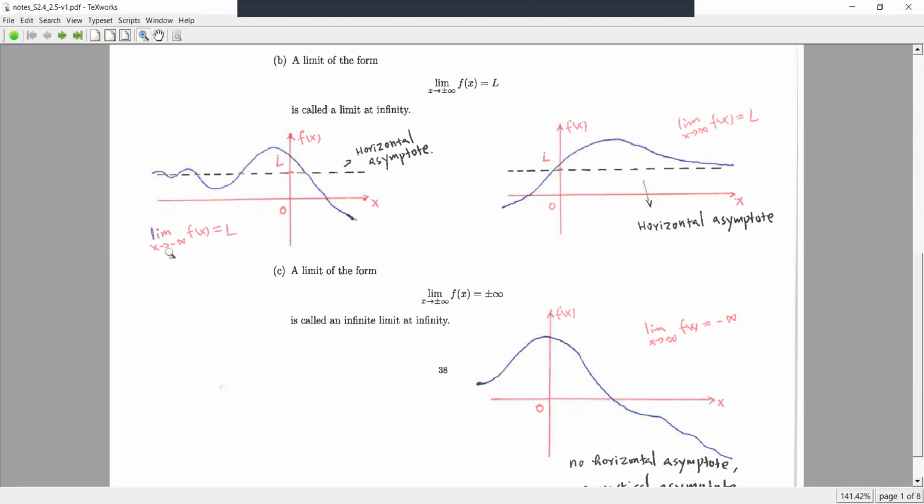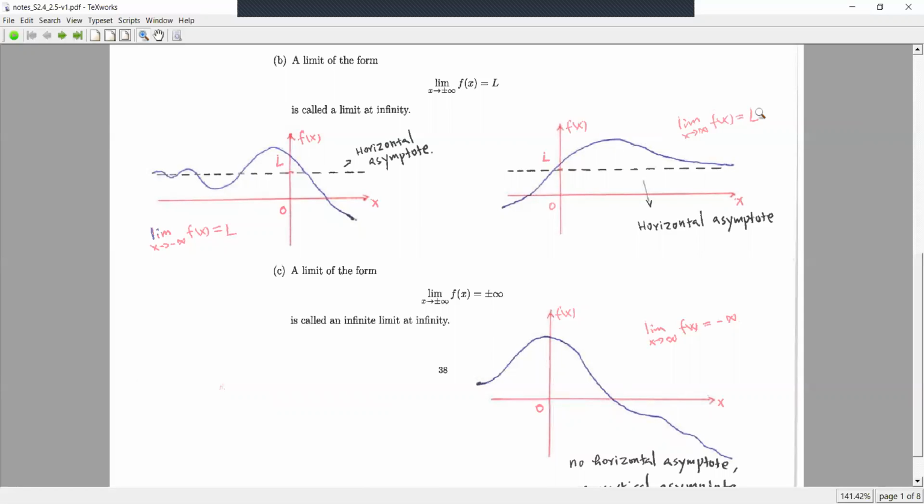As x approaches negative infinity, the function approaches L. L is a finite number. The graph of the function f looks like this blue curve, and this horizontal line, L, is a horizontal asymptote of the graph of the function.